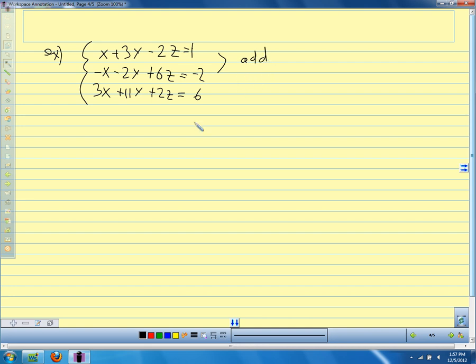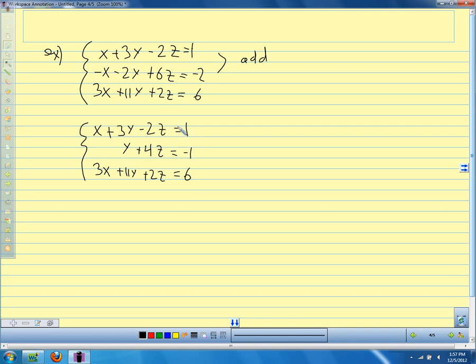My first row stays as x plus 3y minus 2z equals 1. When I add these 2 together, I get no x's. 3 minus 2 is y. Negative 2 plus 6 is plus 4z. And 1 minus 2 is minus 1. So that's my new second row. And my third row is still the same.